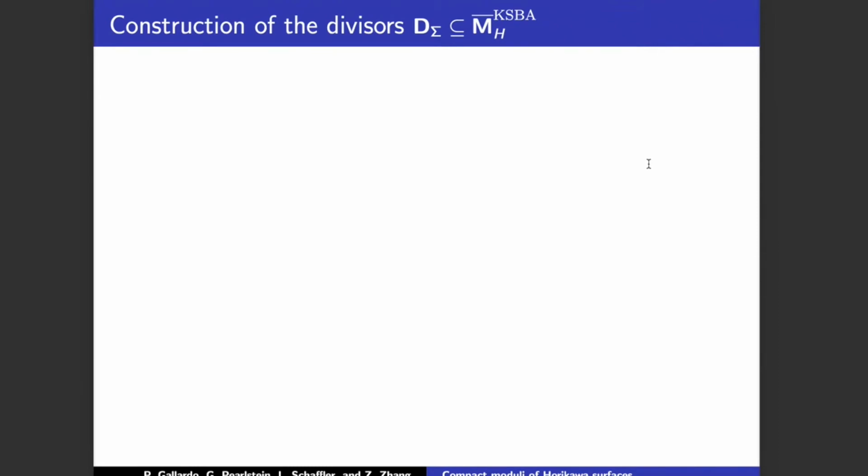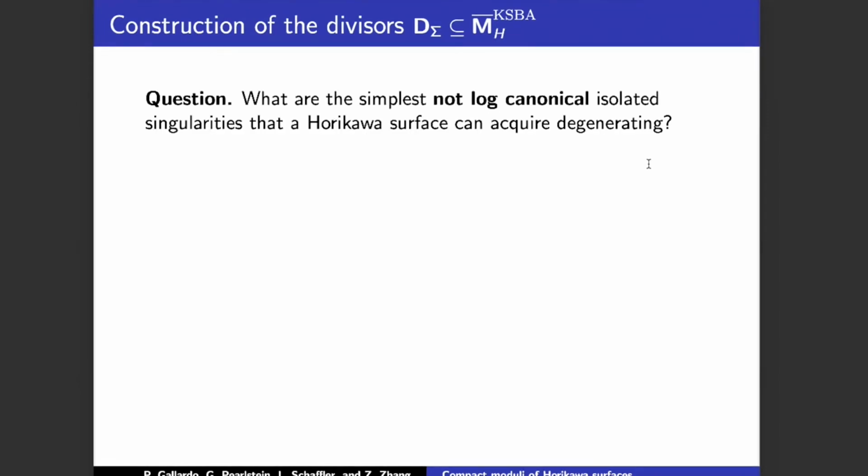They look at the Gorenstein, then they look at the cyclic quotient singularities, and they give a complete classification. We ask a very similar question, but it's a little bit transverse to that. Transverse because what we ask is, what are the simplest, not log canonical, isolated singularities that a Horikawa surface can acquire as it degenerates?